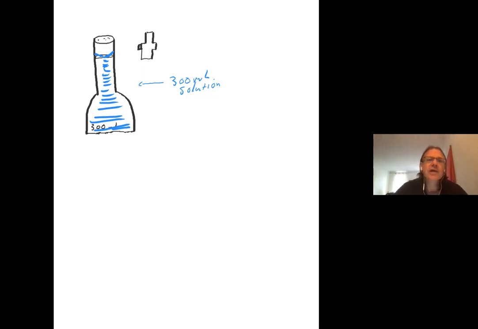Okay, so in this problem, they're telling you that the volume is 300 milliliters. They're also telling you that you have 87.6 micromoles of sodium nitrate. Okay, so that's the solute.